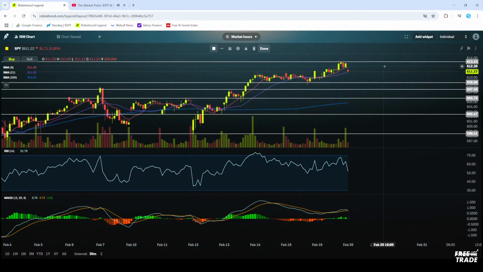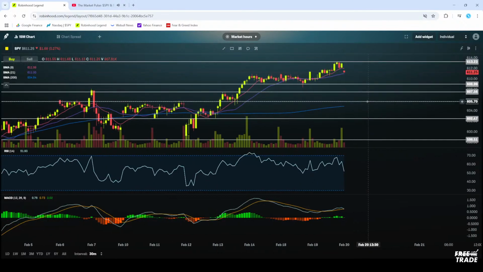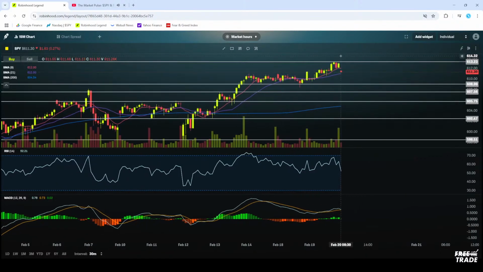I don't know. I think a safe bet for a swing trade like this would be a credit spread above the top line. If we launch a credit spread right up here, around 616 or something like that, we can expect that SPY is not going to hit that new high. Although it's hard to say if it will or not.